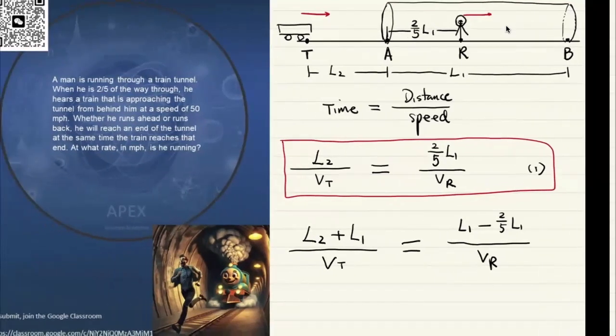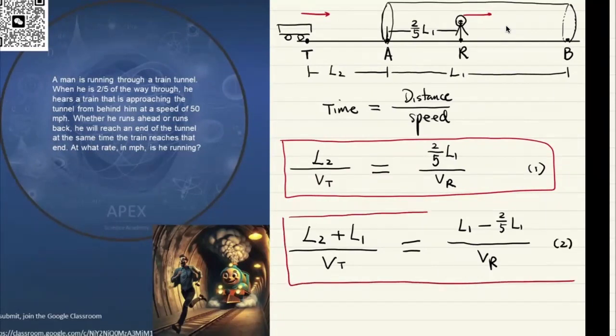So now we have another equation that relates the speed of the train and the speed of the runner. Let's draw a box to highlight this equation. Now we have two equations that relate the speed of the train and the speed of the runner. Let's see whether we can use these two equations to determine the speed of the runner.